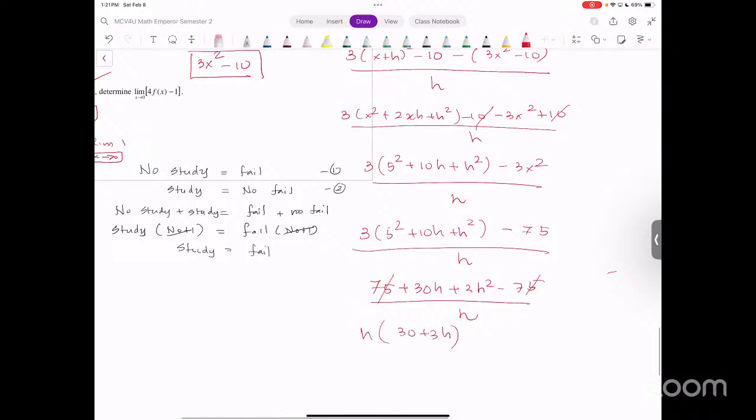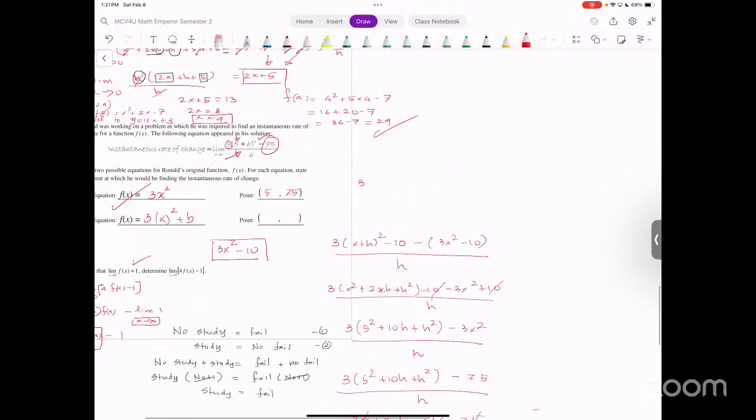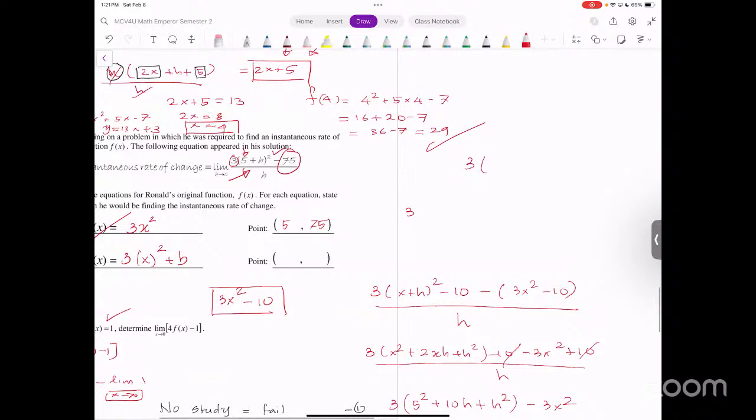Now let's see if that makes sense if I do the following. 3 times 5 squared is what? 25 plus 10h plus h squared minus 75 over h, isn't it? 75 plus 30h plus 3h squared minus 75 over h. 75 cancels, isn't it?